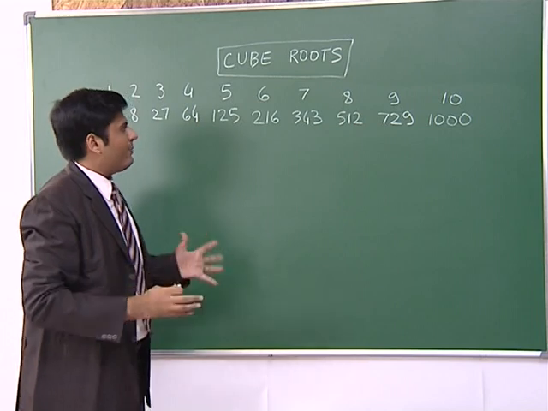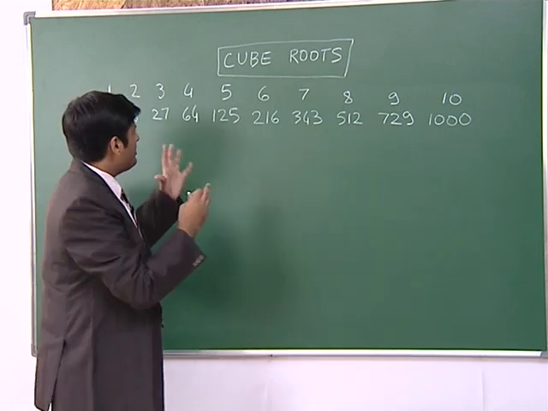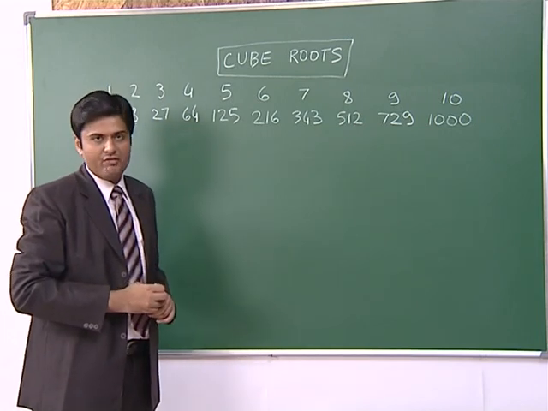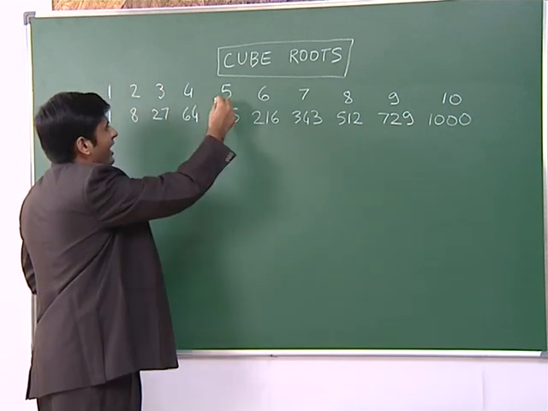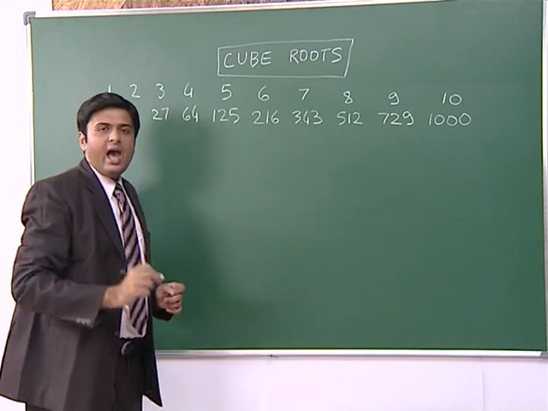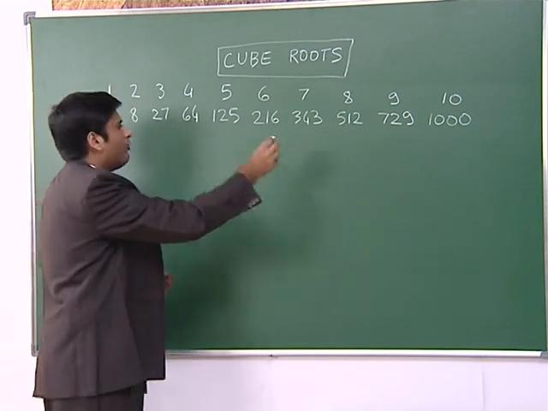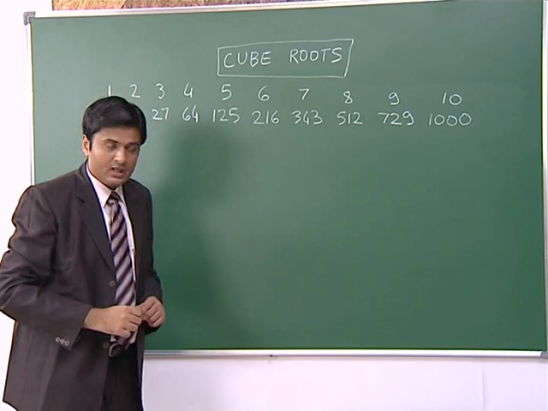You need not memorize this key, but I have just given these numbers as a reference. So, I have numbers 1 to 10, and I have the cubes of all the 10 numbers with me.